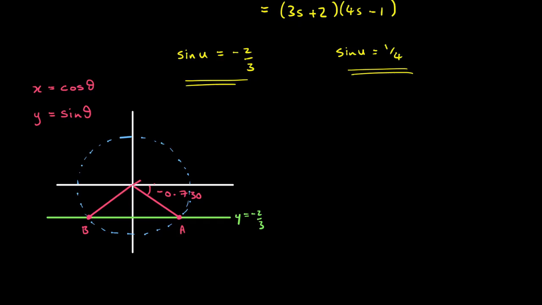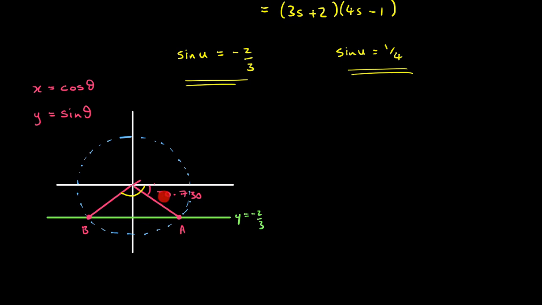And we've got to think, how would I get this angle here? I'll draw that on in yellow, this angle that takes me to the point B. The reason this is negative is because it means we're going clockwise. So the actual size of the angle is 0.730, but negative means we're going that way. This angle here has to be the same size as that angle.